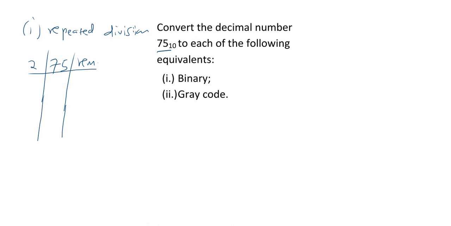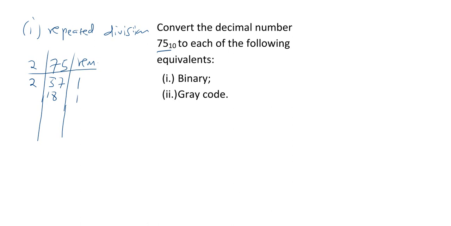75 divided by 2, we get 37, and the remainder here is 1. Then we divide 37 by 2 again. We get 18. The remainder becomes 1.